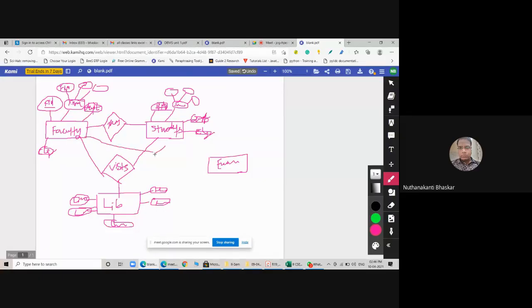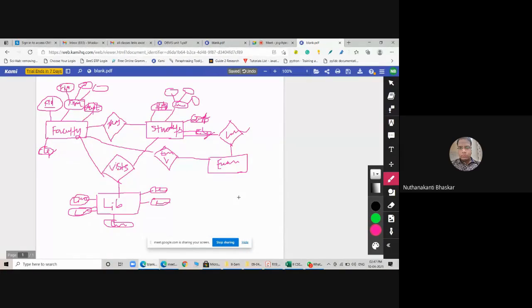The faculty do evaluation of papers for the exam branch. Students write exams for the exam branch. Yes or no?